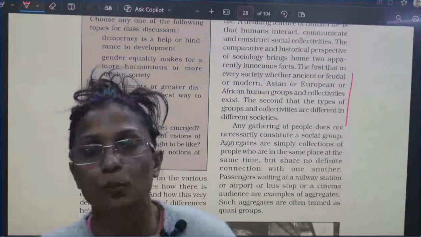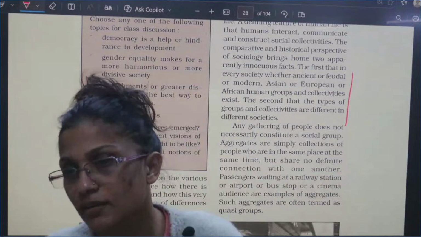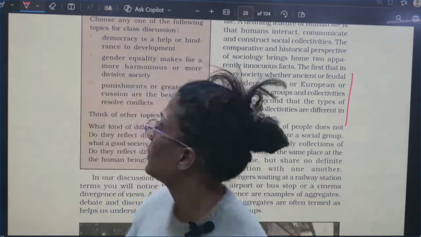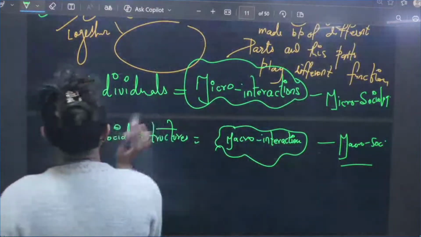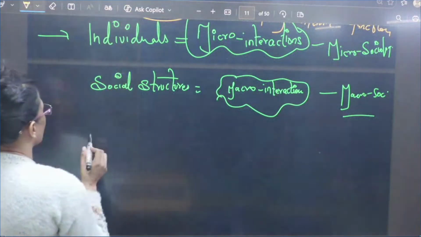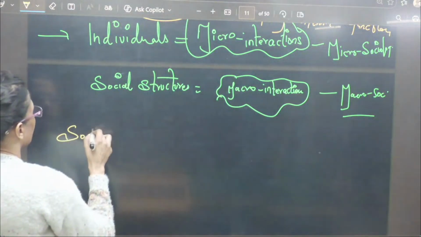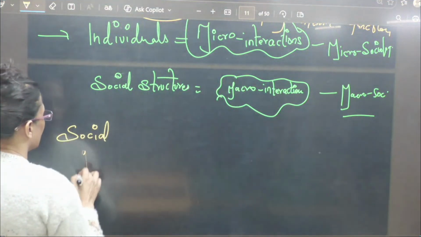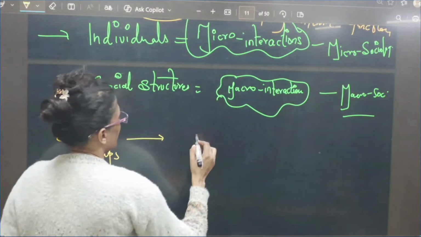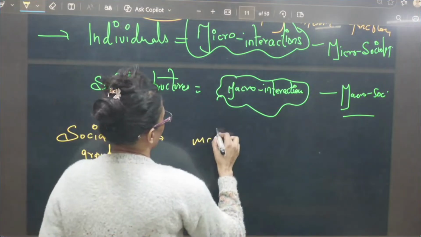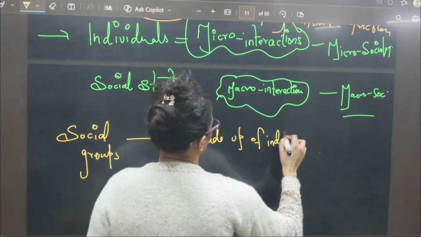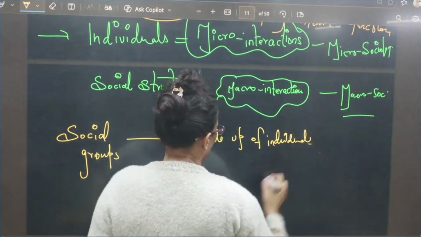Even two people form a group. So sociologists are understanding social groups. In every society you will find social groups. Social groups are made up of individuals.